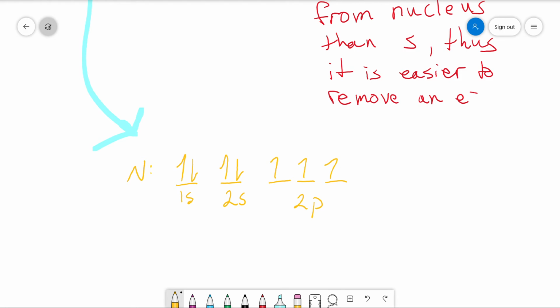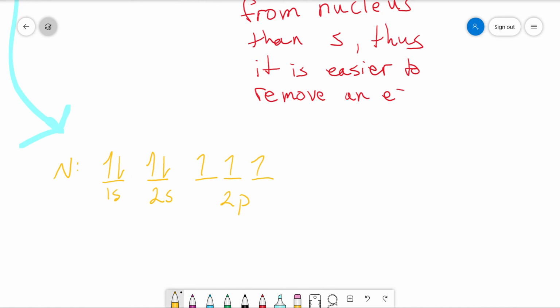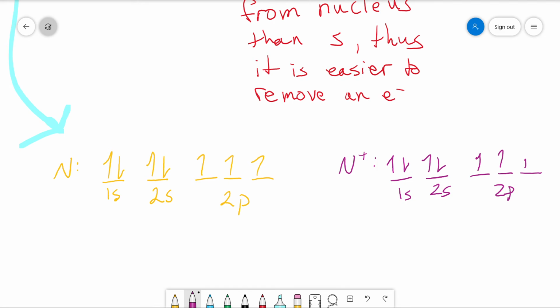Okay, so there's nitrogen. What would nitrogen plus be? Pretty simply, N plus: 1s, 2s, 2p, and we're just going to remove one of those 2p electrons. That's the one we're removing.